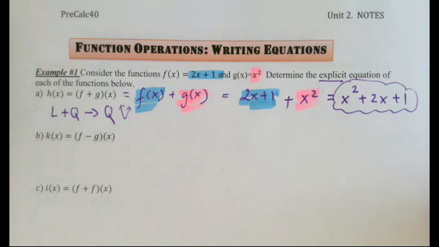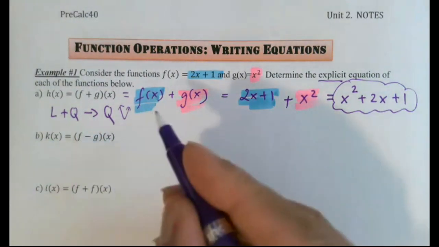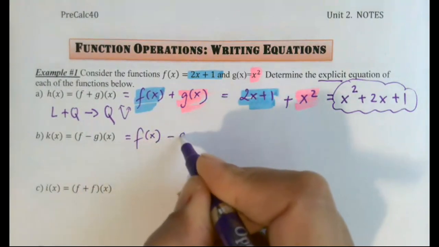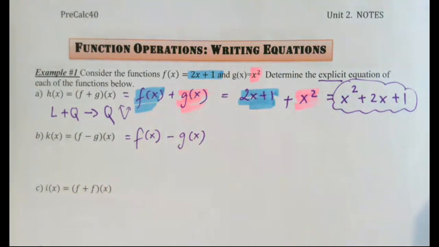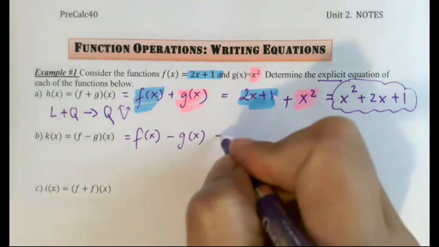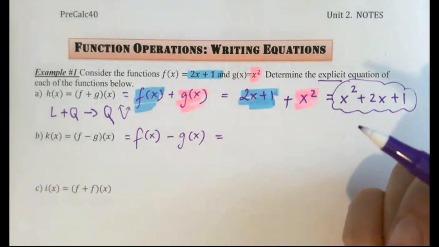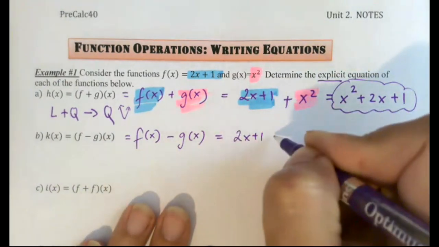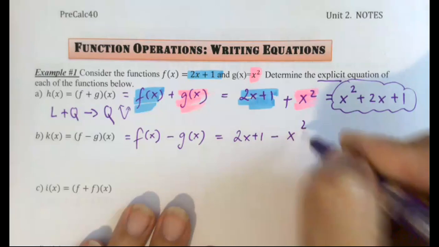Moving on to subtraction. Now, careful with the subtraction of functions because order matters. Just like when you say 3 minus 5 or 5 minus 3, they are two different operations with two different answers. So in this situation, we are going to subtract from f of x the function g of x. So f of x is first, g of x is second. So f of x, again, the same, 2x plus 1, and then minus x squared.